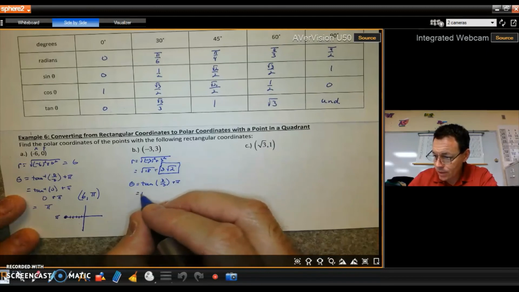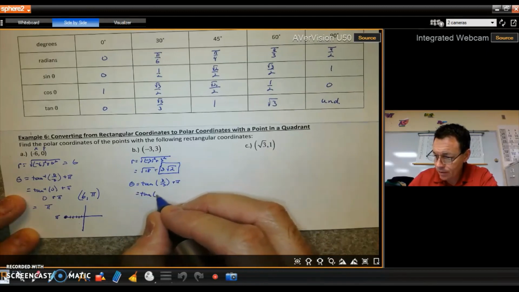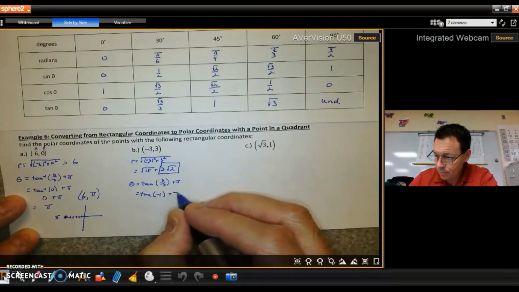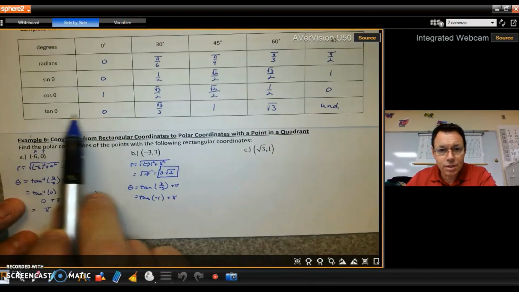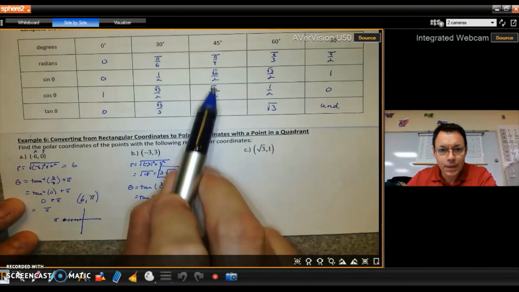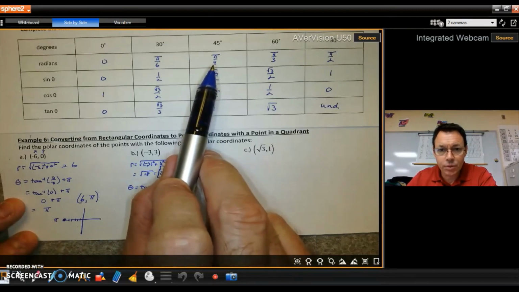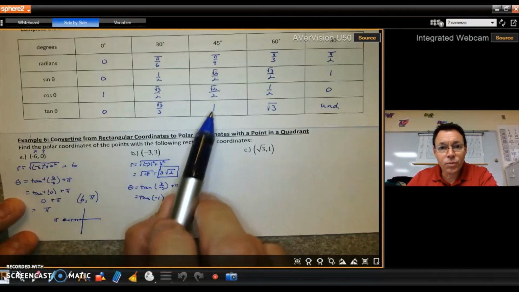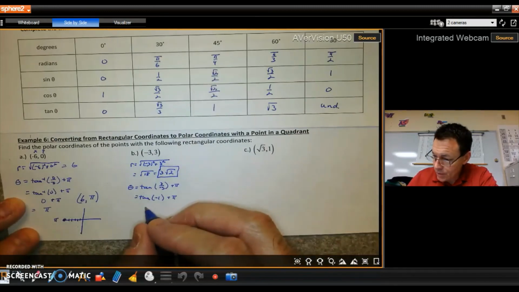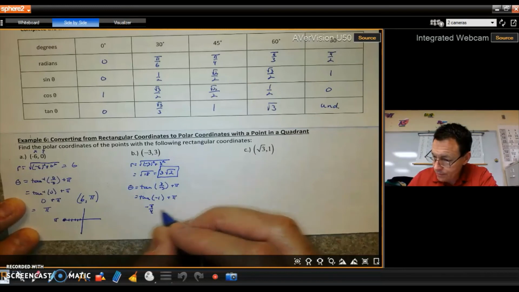So this is the inverse tangent of negative 1 plus pi. Look at my chart. Inverse tangent of 1 is pi over 4. That's the angle in quadrant 1 that has that tangent value. The inverse tangent of negative 1 would be negative pi over 4. So that's what this is, negative pi over 4 plus pi.